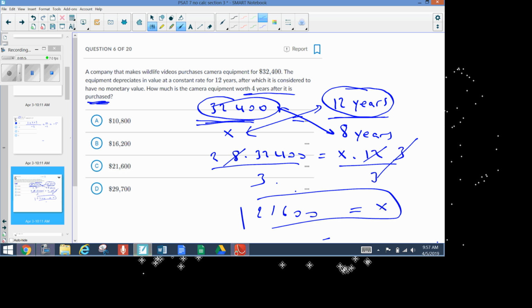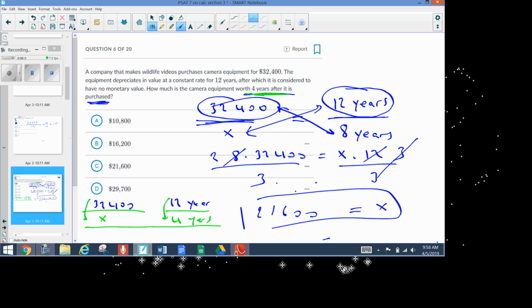Okay, another explanation. This is the shortest, but what we can do: $32,400 has 12 years of life, right? And then we're looking for, how about after 4 years of life? Let's find out. After 4 years of life, how much will it cost? Once we do this, what is the ratio? Divide by 3.